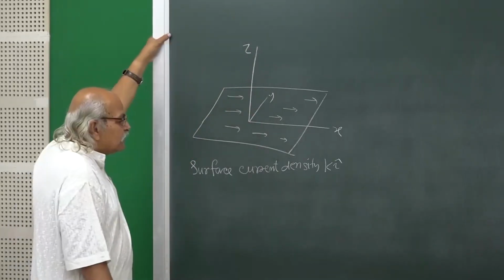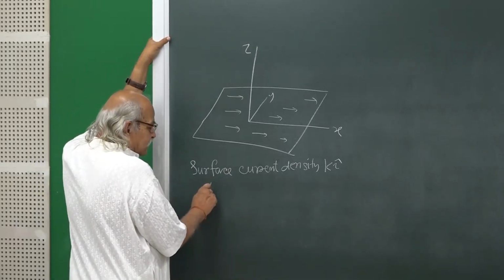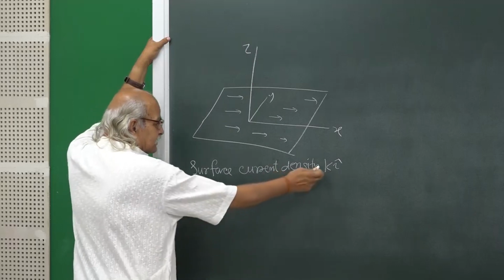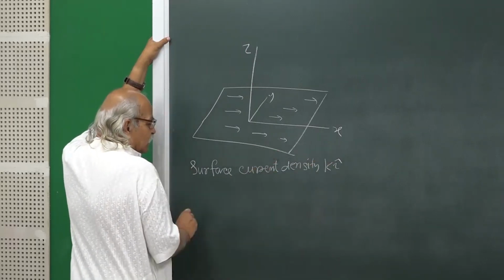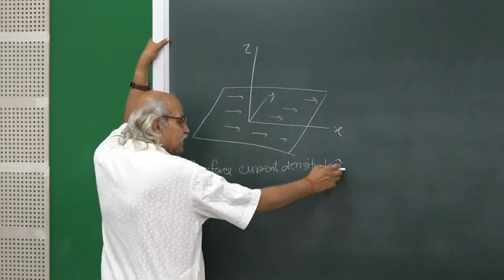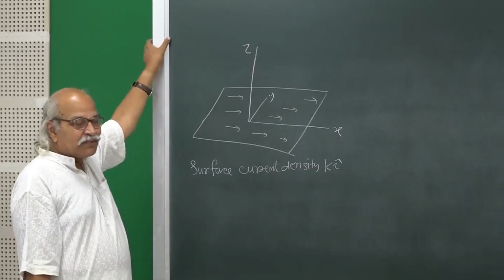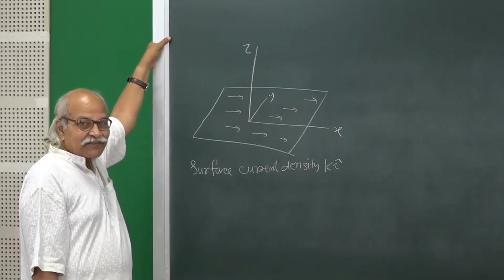So, what we will do, let us first see that this current density has only the i component. It does not have a j component, it does not have a k component, no component in the y direction and no component in the z direction.